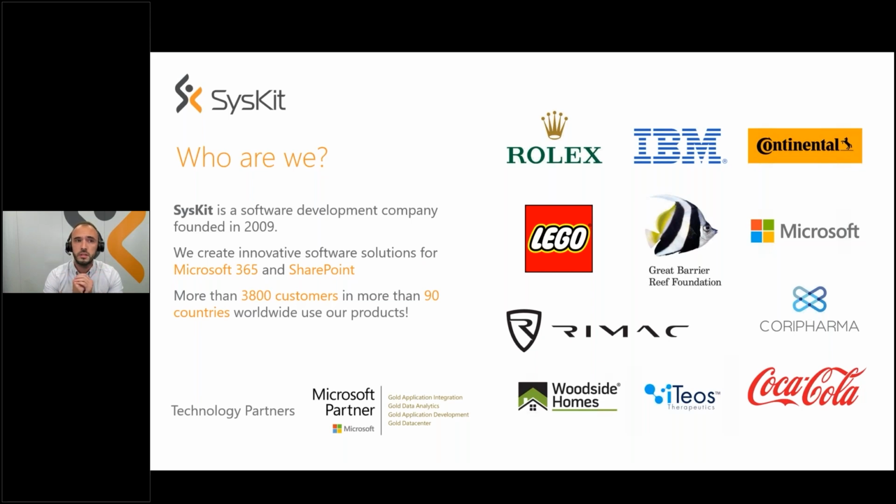We create innovative software solutions for Microsoft 365 and SharePoint on-premise. This is where we actually got famous. We currently have over 3,500 customers all across the world, from SMBs up to large corporations with a couple of hundred thousand users.